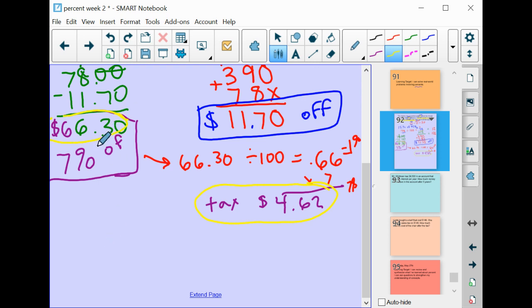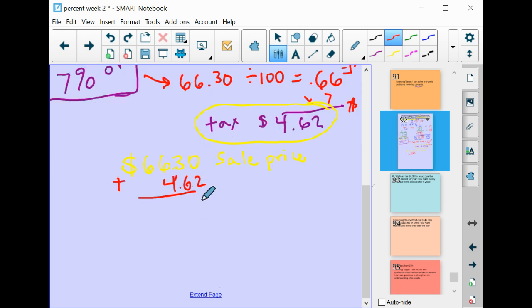So now what we're going to do is take this tax and the sale price, and we are going to add $66.30. This is our sale price after our first discount, and we are going to add to this $4.62 because this is the tax she has to pay. $70.92.